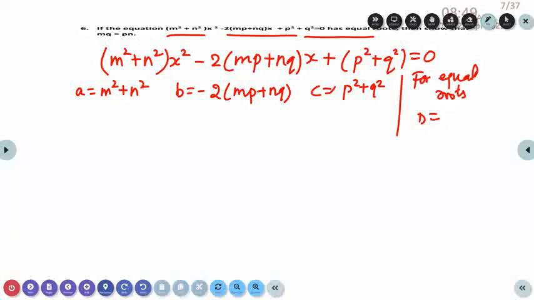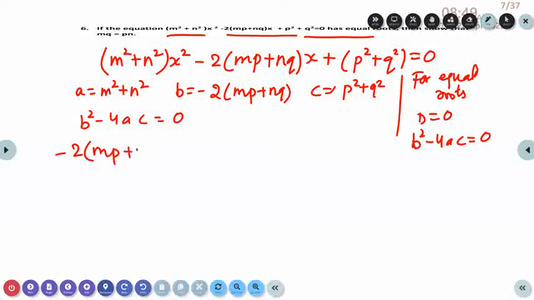So this can be written as mq minus np whole square. mq minus np whole square will be equal to 0, which means mq minus np is equal to 0, which means mq is equal to np. Hence we have proved this relation. This was to be proved, mq equals to np, and we have proved this.